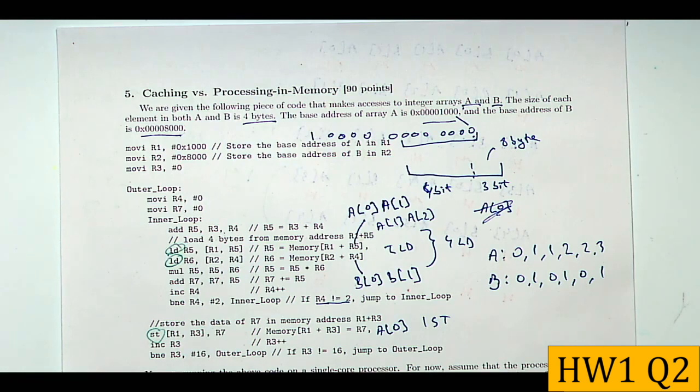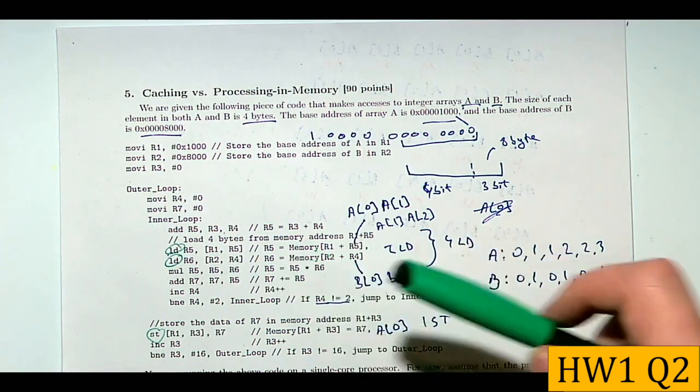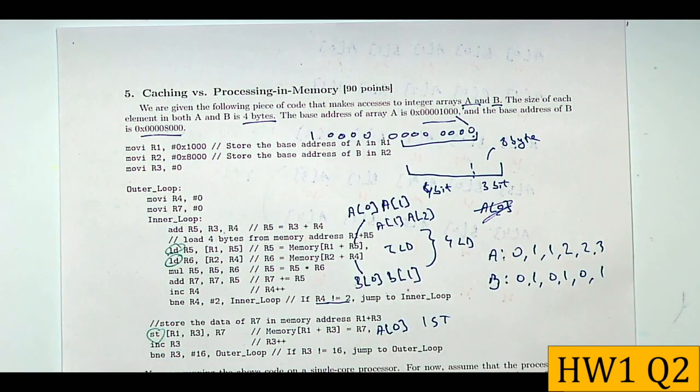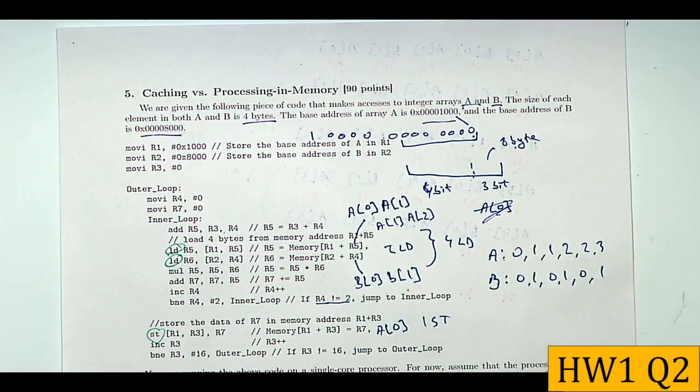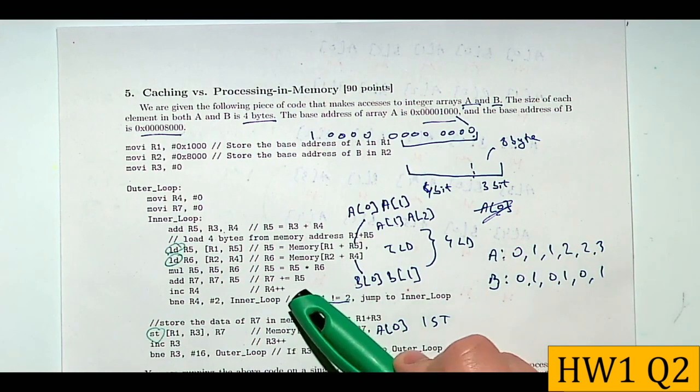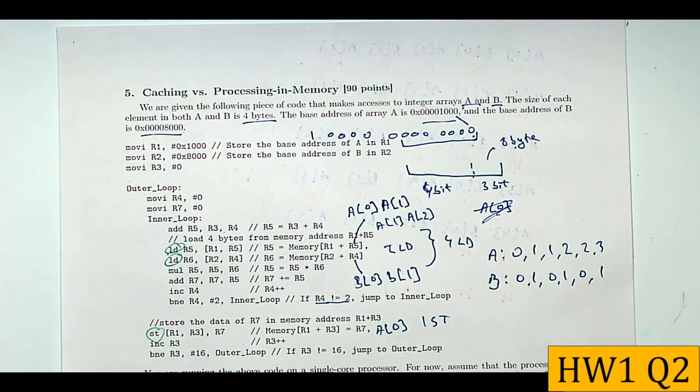Oh, okay. So here we also have a mistake in the code, I think. Yeah, I agree with that. So here we should increment not by 1, but by 4, basically.